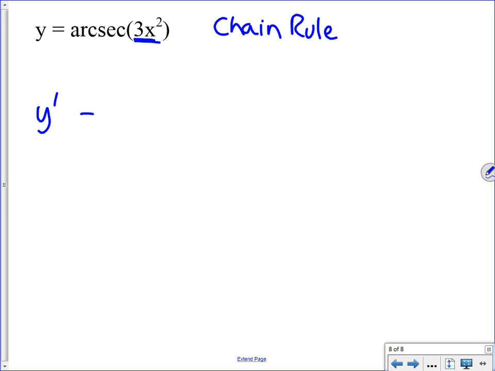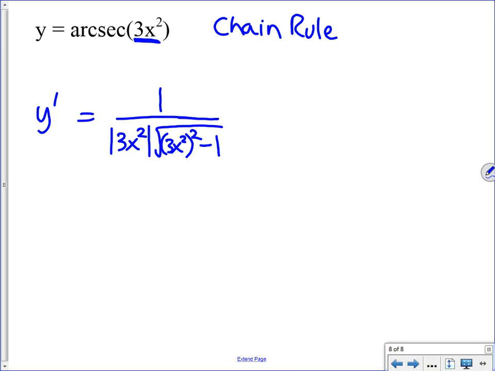Y prime is going to equal, now we're going to start with derivative of the outside. So the derivative of arcsecant is 1 divided by the absolute value. Now we're going to keep the inside the same, so it would be absolute value of 3x squared times the square root of 3x squared squared minus 1.